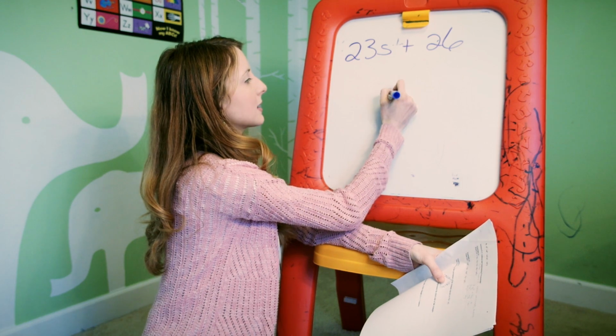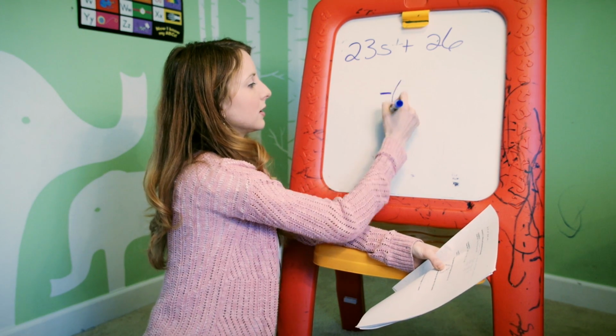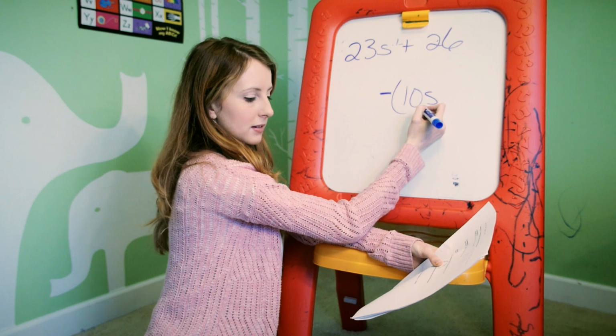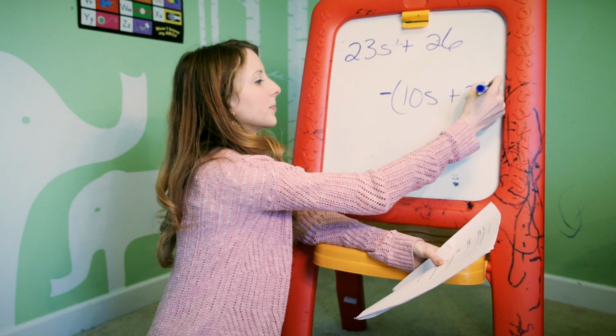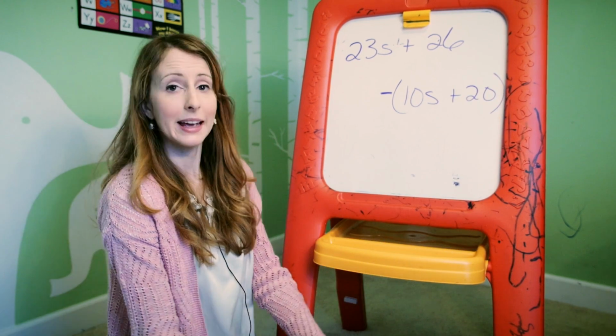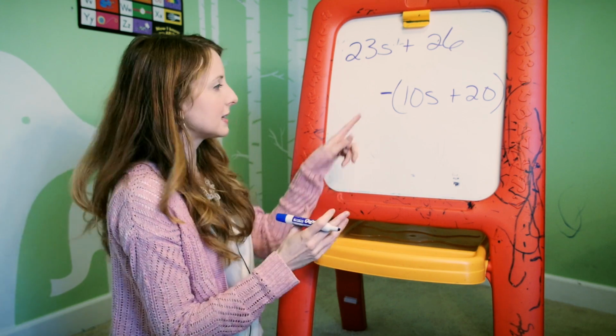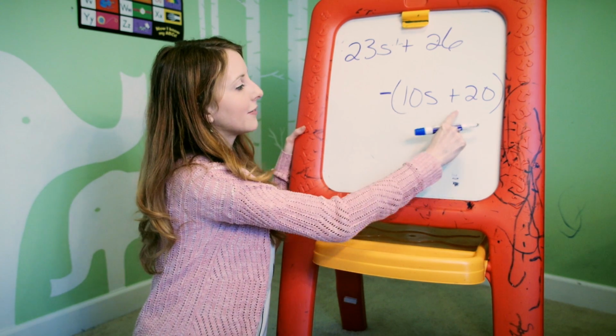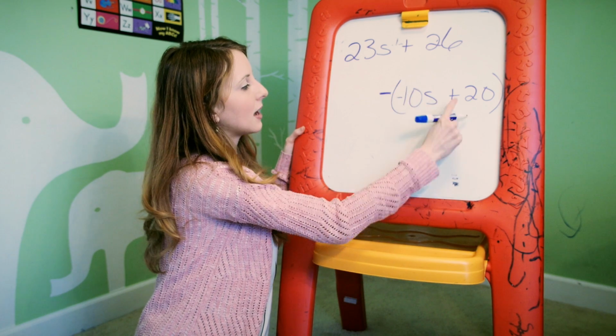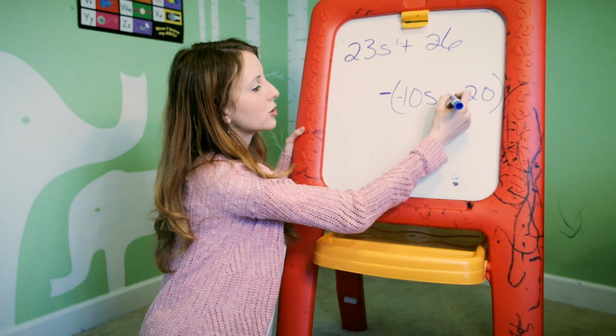So we're subtracting from this value 10s plus 20. All right, again, remember when you're subtracting a polynomial, that value is going to get a different sign for each term.